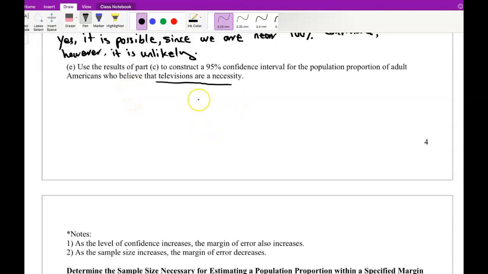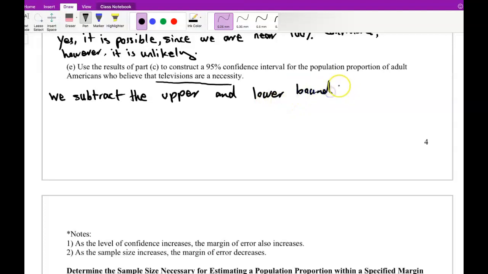So this is the opposite side of what we had in part C. Since that is opposite, we should subtract upper and lower bound from 1 to find new lower bound and new upper bound for this part, because on this part television are necessity.